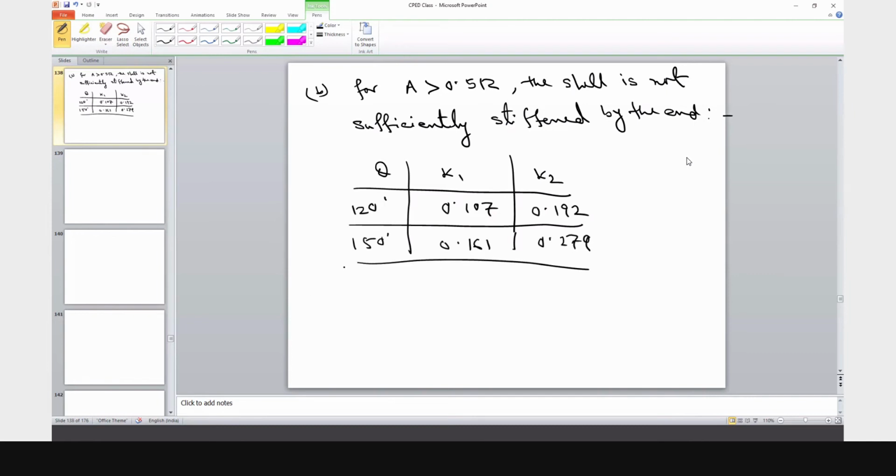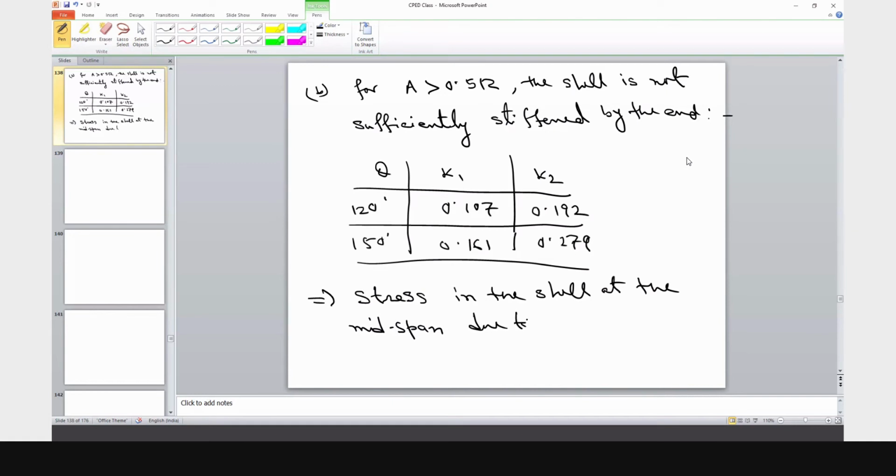And what is the stress for M2? This is the stress for M1, and the stress in the shell at the mid span due to M2 is M2 by pi r square t, may be tensile or compressive, depending on the position of the fiber.